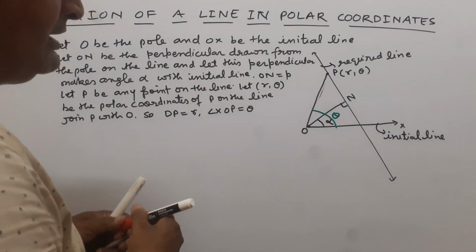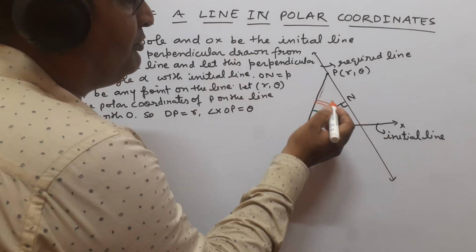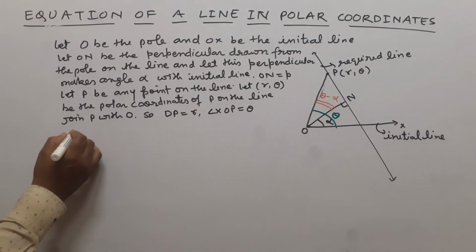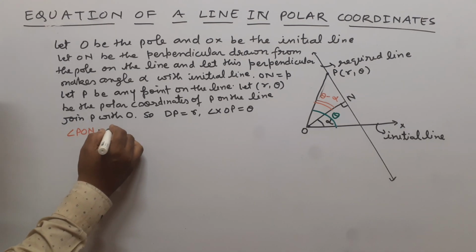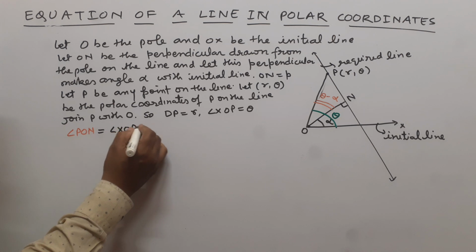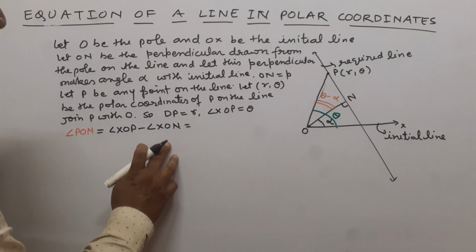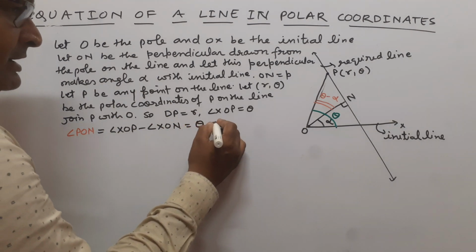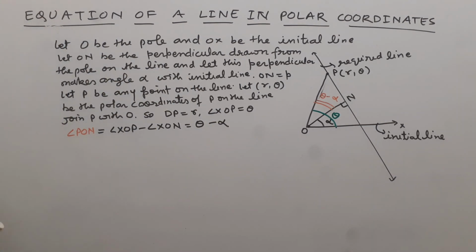Now we find here angle PON. So PON is theta minus alpha. Angle PON is equal to angle XOP minus angle XON. Angle XOP is equal to theta, and angle XON is equal to alpha.